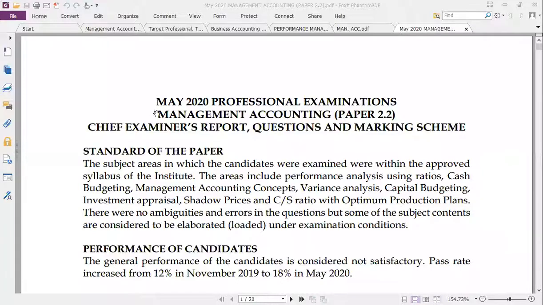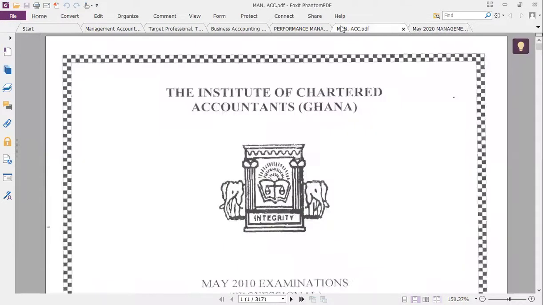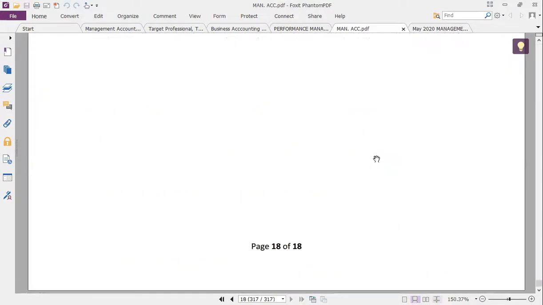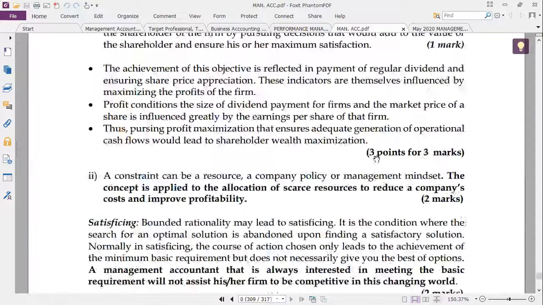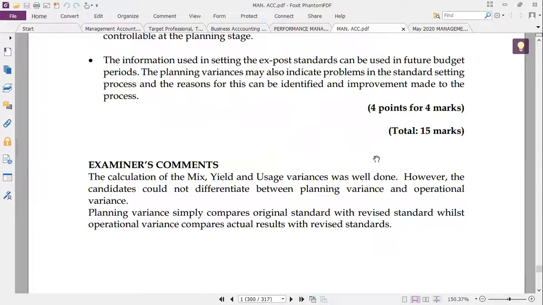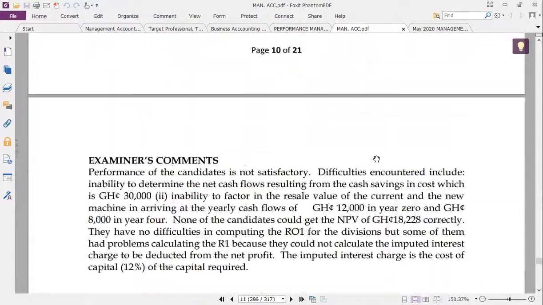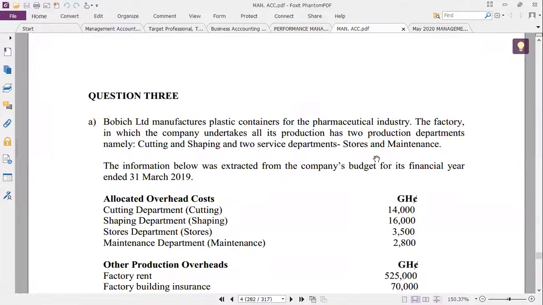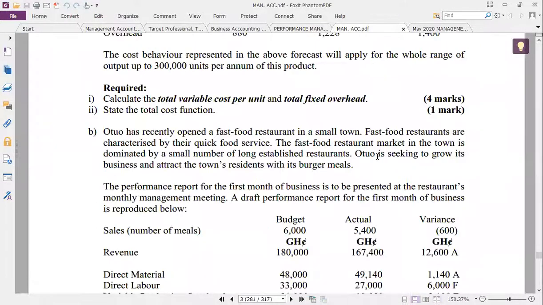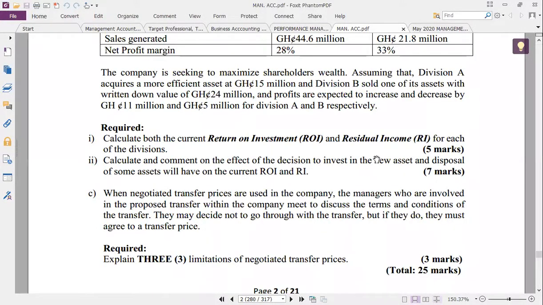This is 2020 May. Let's look at 2019 November. Good. I like that.